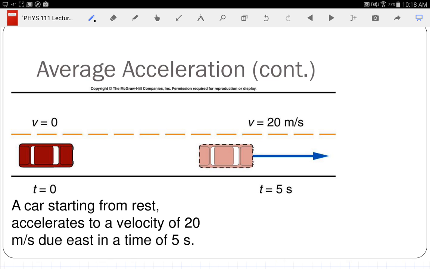Okay, what is the acceleration in this picture that we started the day with? This is one-dimensional. It's going in one direction, so I'm only going to use it without vector signs. What's the equation for acceleration?